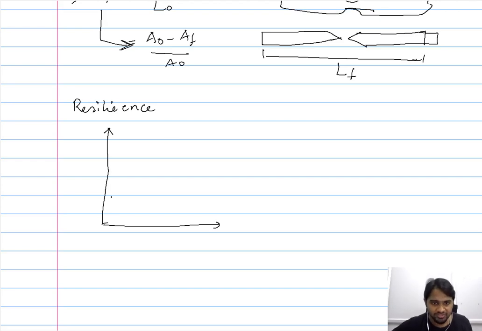So when we talk about a material deforming and getting back to its original form, we are then confined to the elastic region. So in the stress-strain curve, you have your elastic region that is characterized by the linear relation between the stress and the strain. In this region, resilience is the ability of the material to absorb energy during loading, and when you release it, to release the energy and get back to its original form.